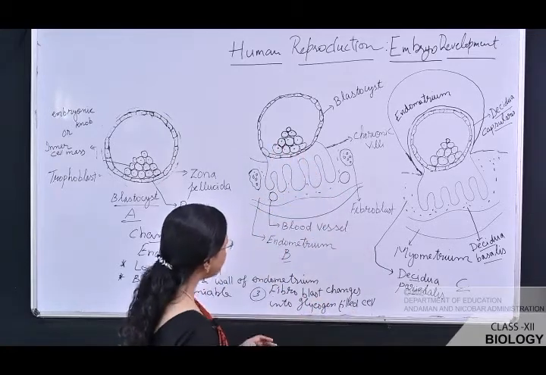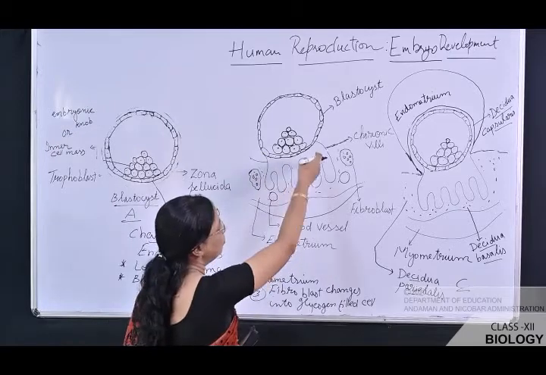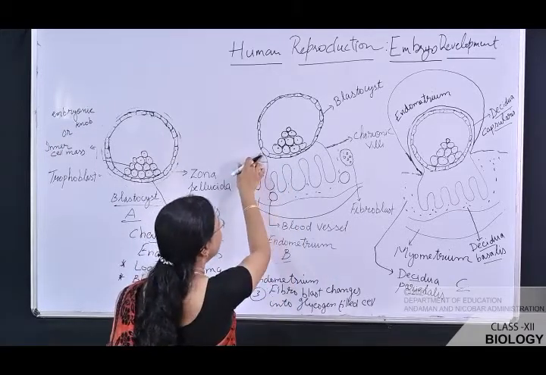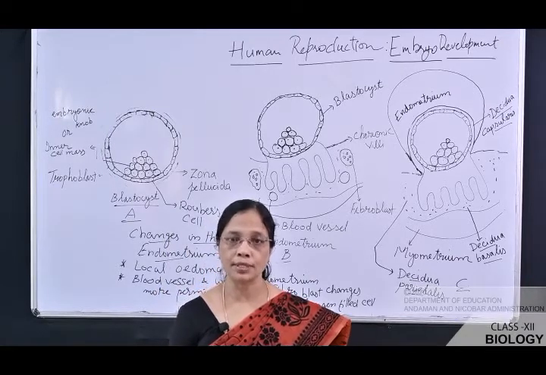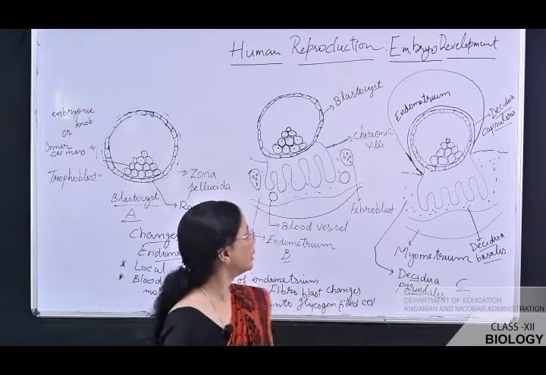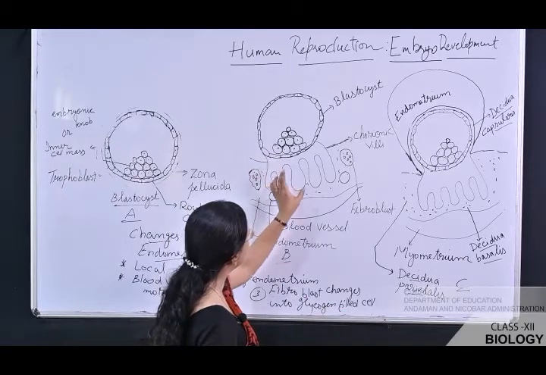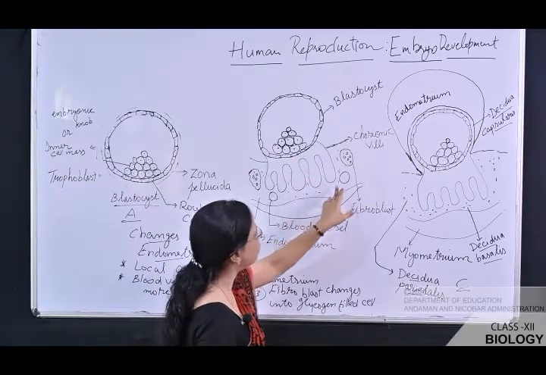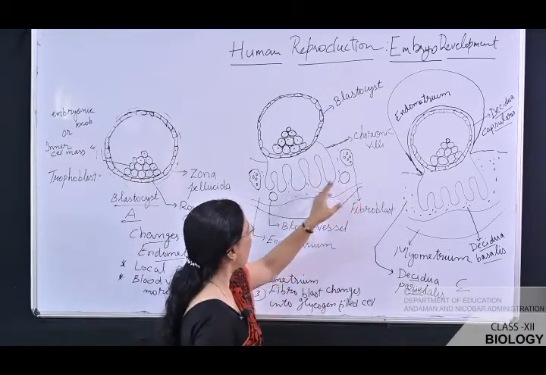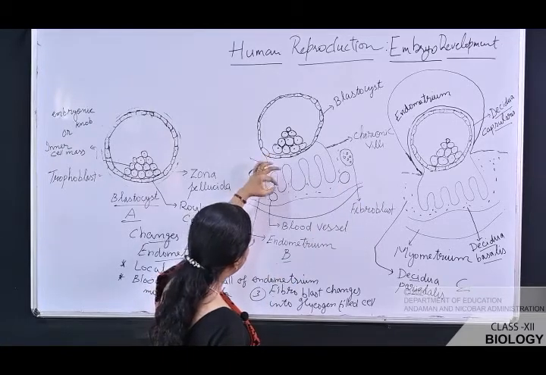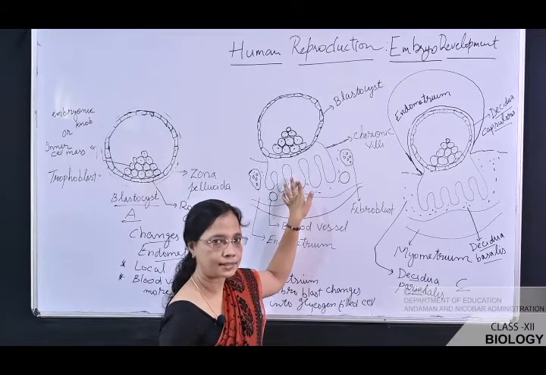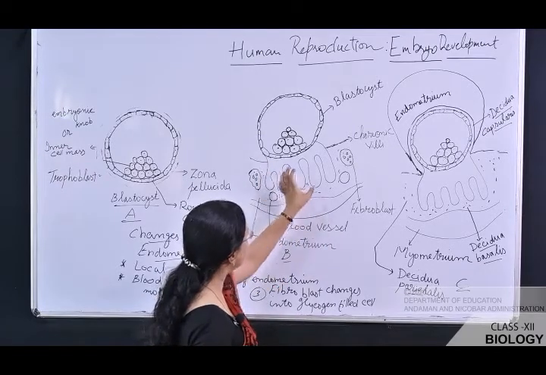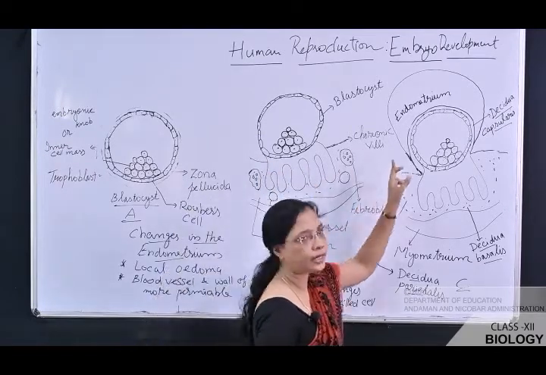As soon as it touches the endometrial tissues, the trophoblast divides rapidly. It shows proliferation in growth. So it makes a finger-like projection that penetrates into the endometrial tissues, and as they penetrate, they make a foundation for the placenta. This finger-like projection is known as chorionic villi.